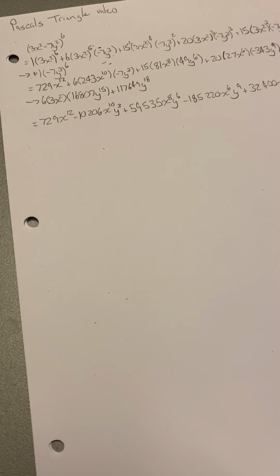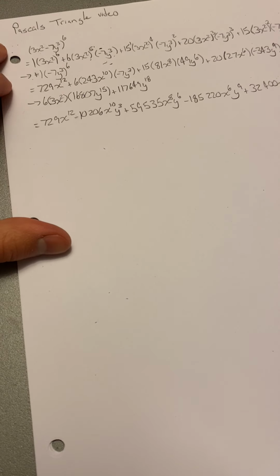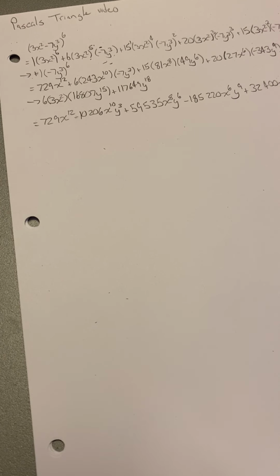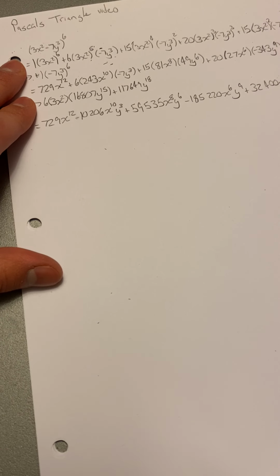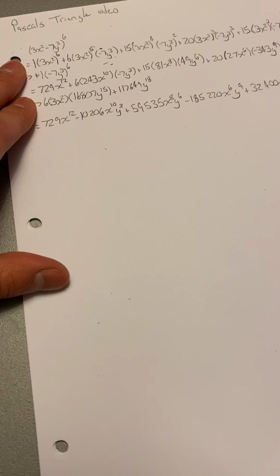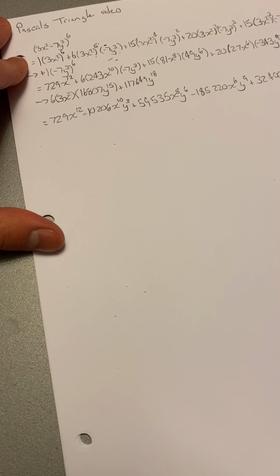All right. Then the next one is going to be 6 times 3 times negative 16,807, and it's negative 302,526 x squared y to the 15.